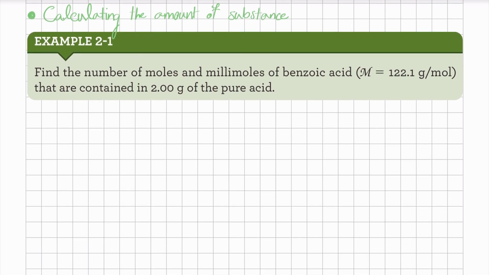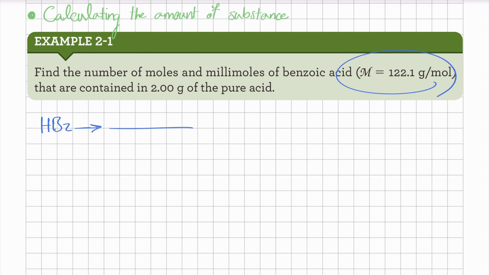It says, find the number of moles and millimoles of benzoic acid that are contained in 2 grams of pure acid. We can see that the molar mass of benzoic acid is already given in this question. So, we need to calculate the moles and millimoles. Let's go. I'm going to show benzoic acid with HBZ.